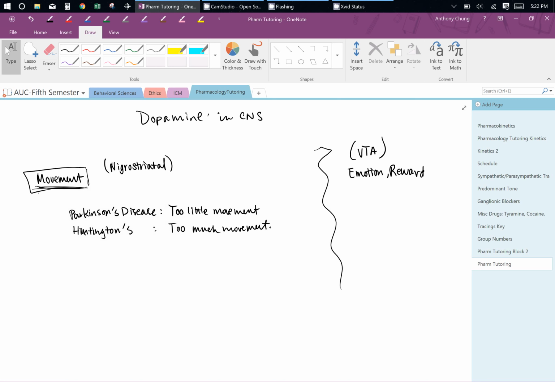For now, you don't need to know exactly which neurons. Just know that there's a direct pathway. In the direct pathway, the end result is going to be increased movement.